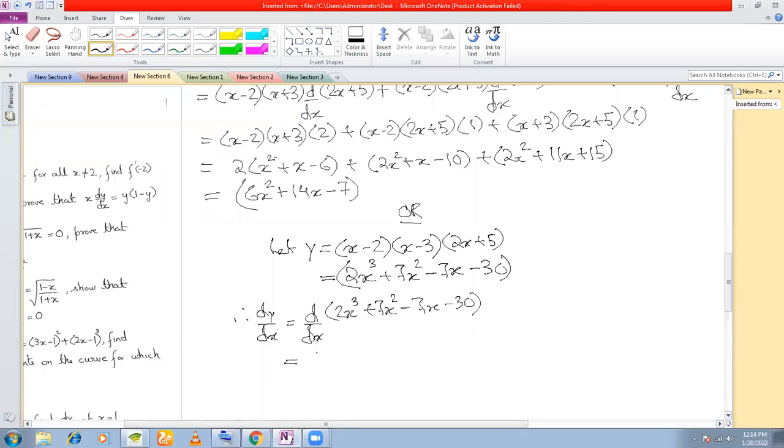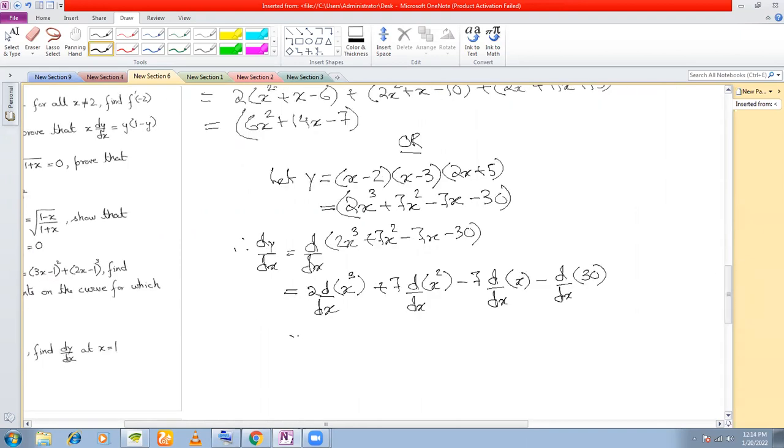Right? Now you can distribute the differentiation and take the constants out. You get 2 d/dx of x cubed, let me know if you're not able to follow, plus 7 d/dx of x squared, minus 7 d/dx of x, minus d/dx of 30.